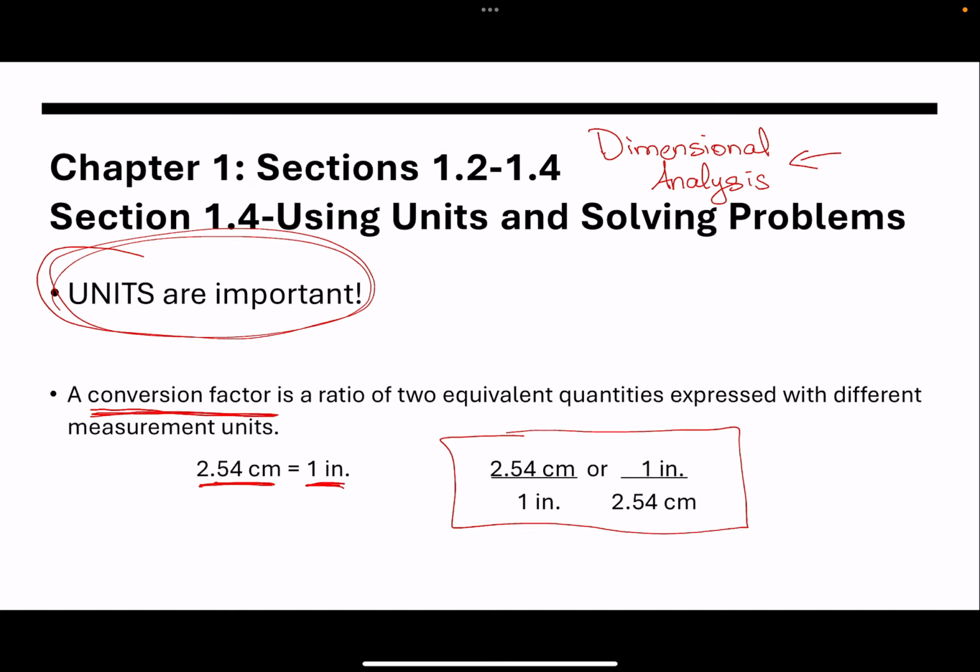This here represents two different conversion factors, and they both mean this. So you can use these conversion factors in any type of problem in order to cancel out or get rid of one unit and convert it to another. So all of the prefixes that you looked at in 1.2, the SI prefixes, can also be used to make conversion factors.